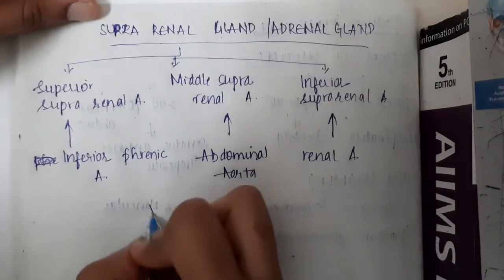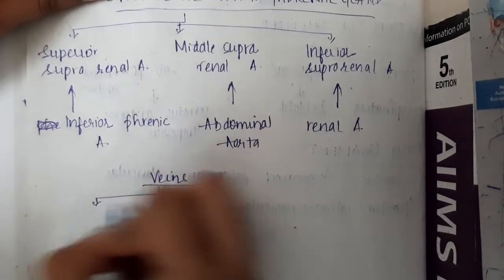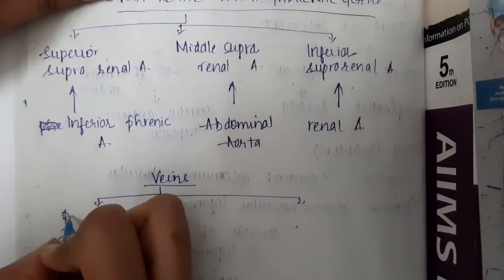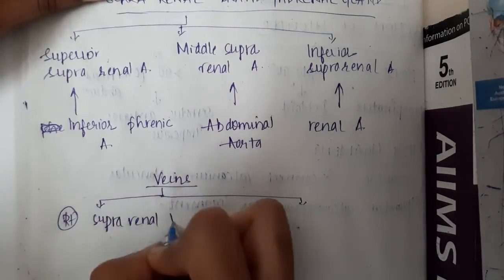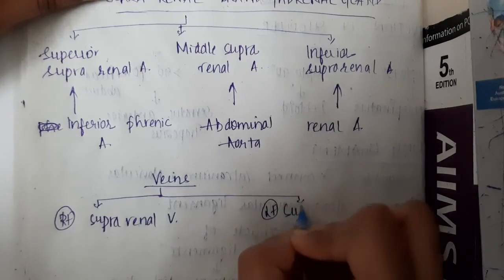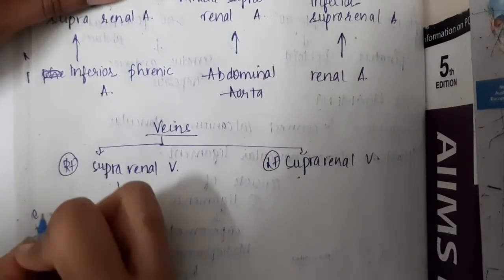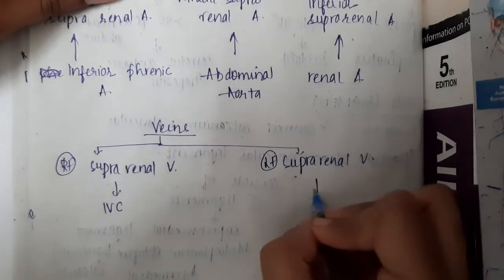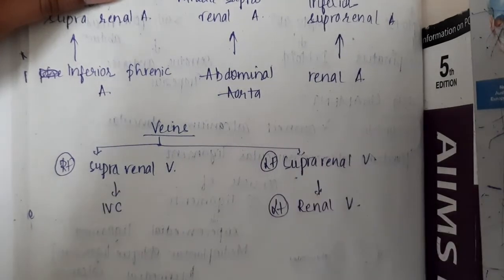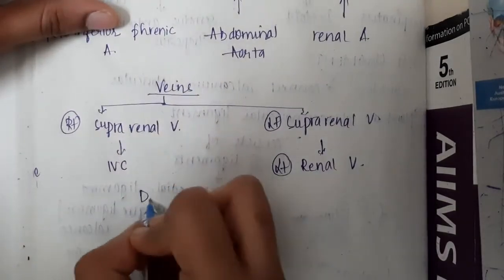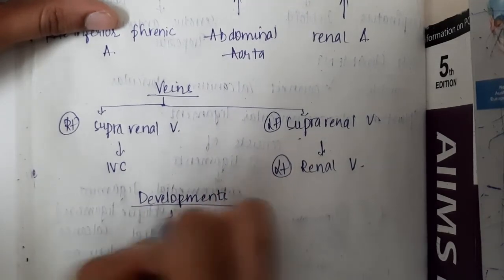These are the arteries. The veins of the suprarenal gland are mainly of two types: the right suprarenal vein and the left suprarenal vein. The right suprarenal vein drains into the inferior vena cava, whereas the left suprarenal vein drains into the left renal vein.